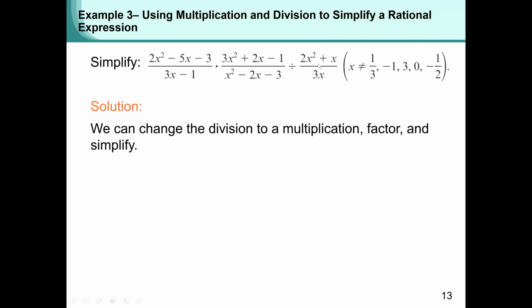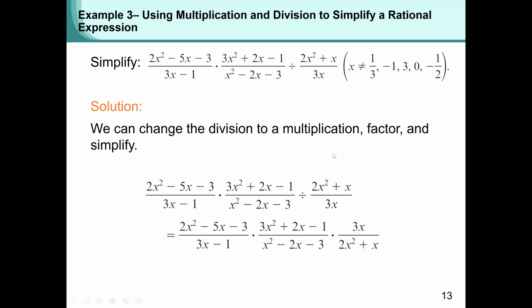In this case, I'm changing this division to multiplication. So the next term, which is 2x squared plus x over 3x, I'll turn it upside down. So next we're going to get here 3x over 2x squared plus x. We turn it upside down. So we have the same term.